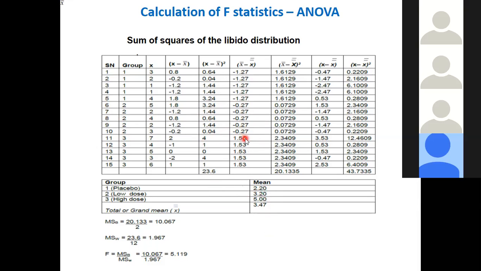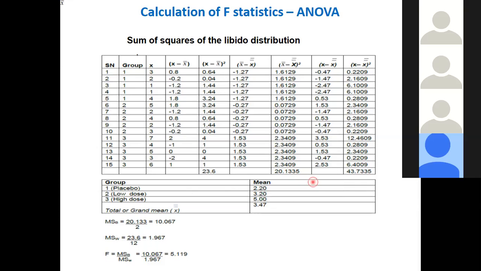It gives you 1.52. If you add these together, it gives you 0. So you square it, and it gives you the sum of squares between. So the sum of squares between looks at the difference between the grand mean and the group mean, while the total sum of squares looks at the difference between the grand mean and the individual value.